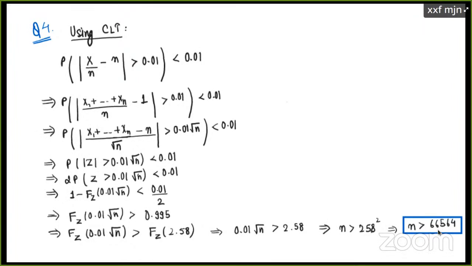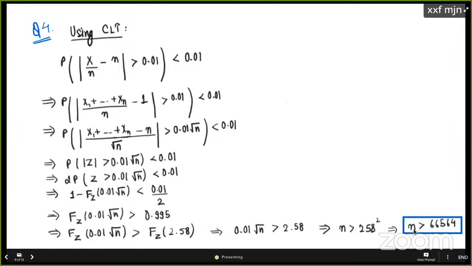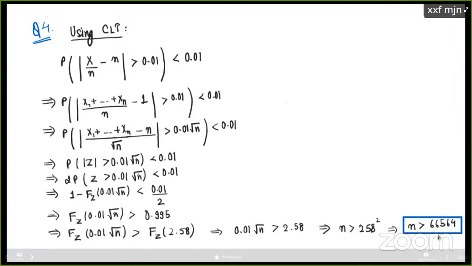If n is less than 66564, the correct answer is any value less than 66564, but not 66564 itself. But if the inequality is n is greater than or equal to 66564 and I ask for the minimum value, which is the minimum value?